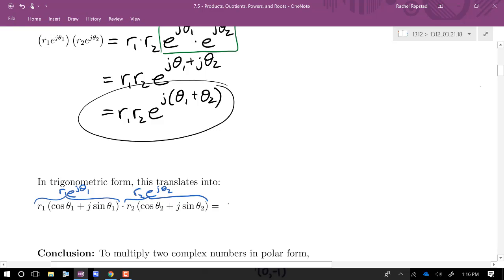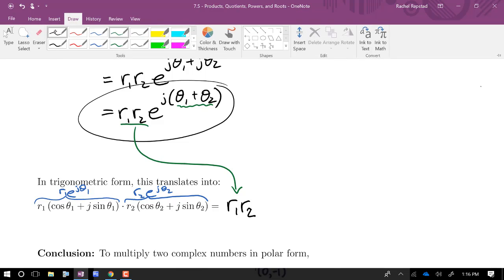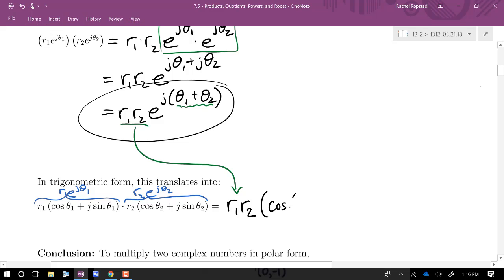This result should be R1, R2, grabbing this straight from right here, and then our new angle is theta 1 plus theta 2. So I open up the parentheses and have cosine of theta 1 plus theta 2 plus j sine of theta 1 plus theta 2.